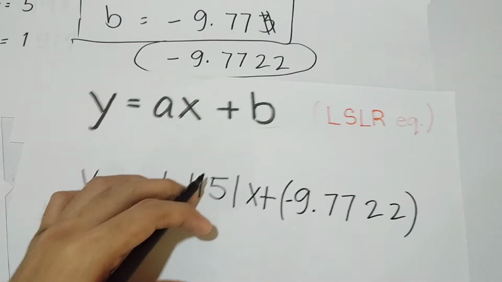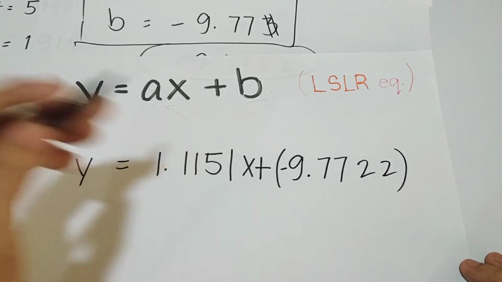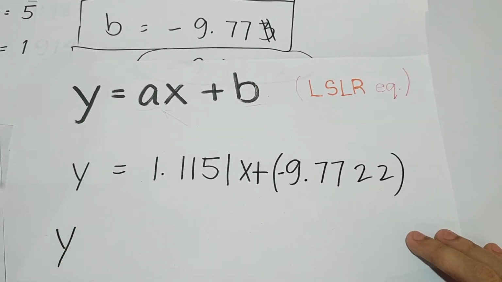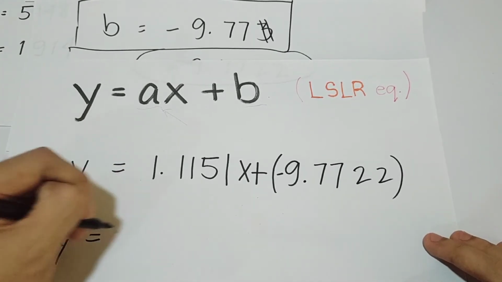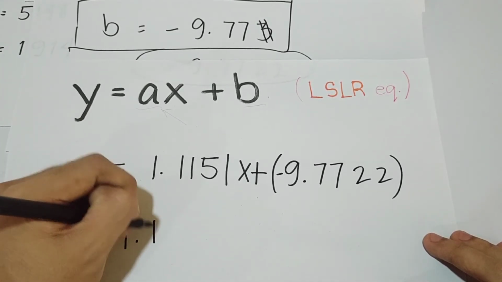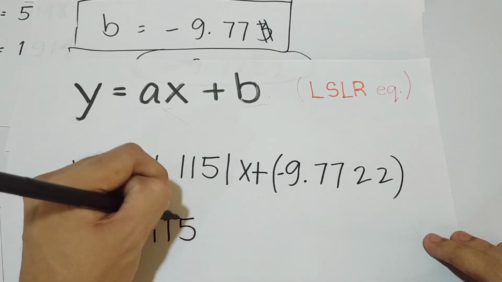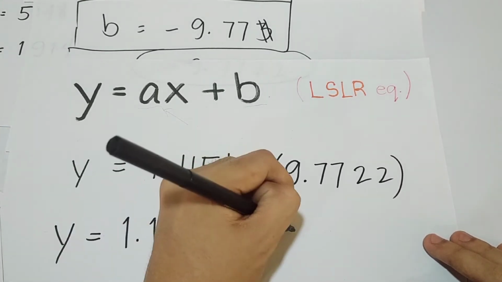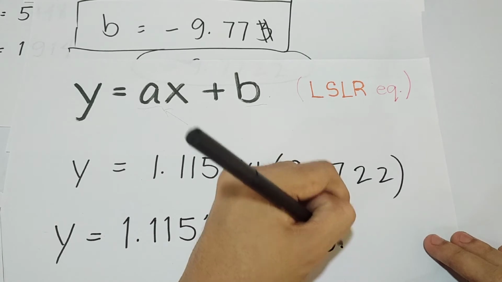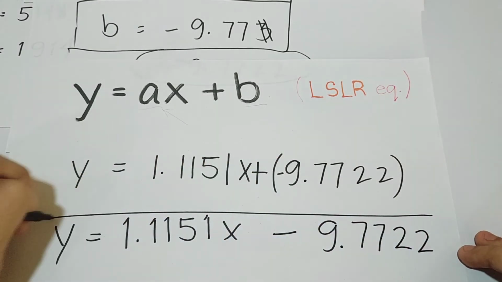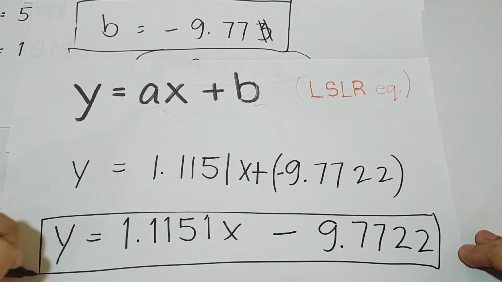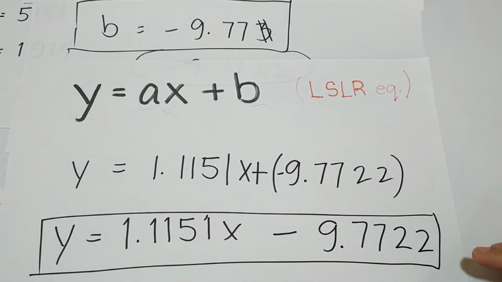So since we have positive and then negative, our final LSLR equation is 1.1151x minus 9.7722. Okay, so this is the equation of the best fitting line, or the LSLR line.